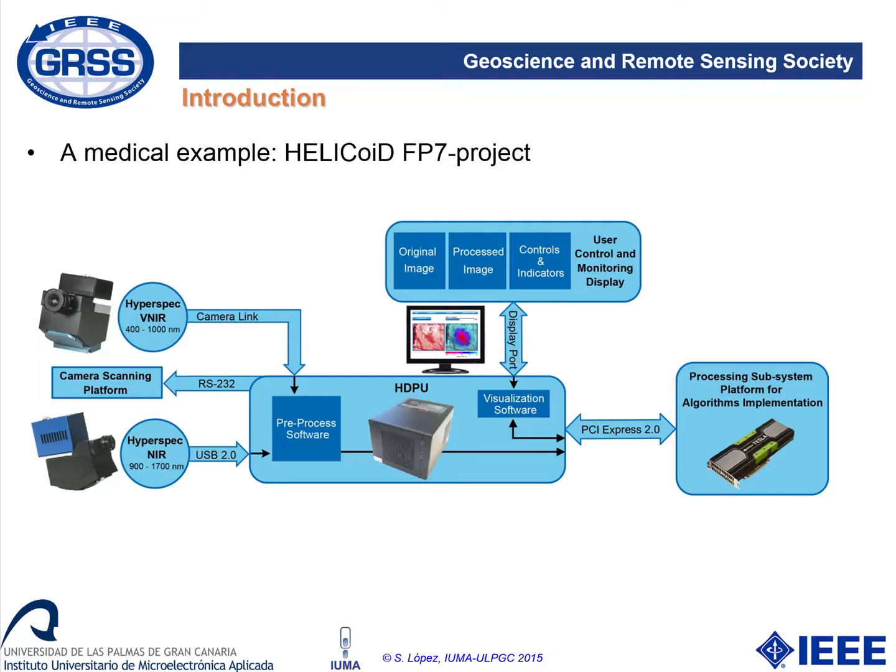With these two cameras, we fuse the information and we get one image, and we can do some pre-processing on this image. Then, with the help of this processing platform, we are able to process all this information very fast. And finally, thanks to this display port and this visualization software, we are able to provide all the results within a user interface to the neurosurgeons in order to help them make the best possible choice.